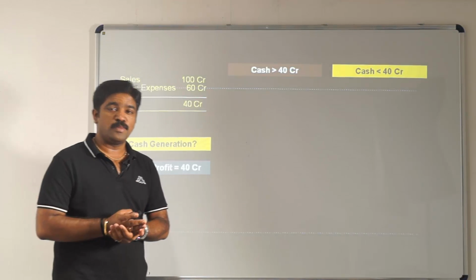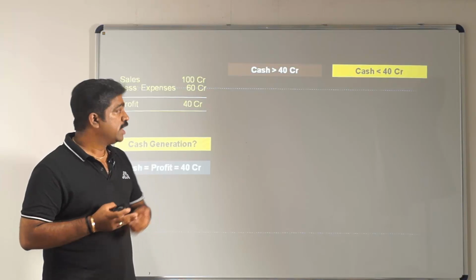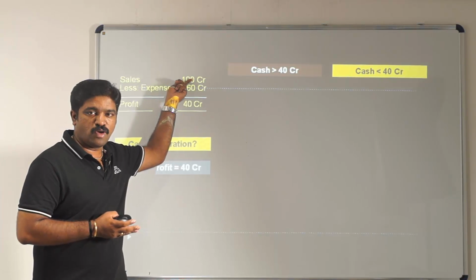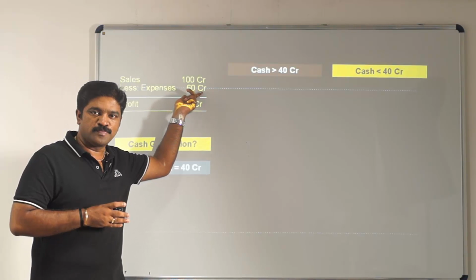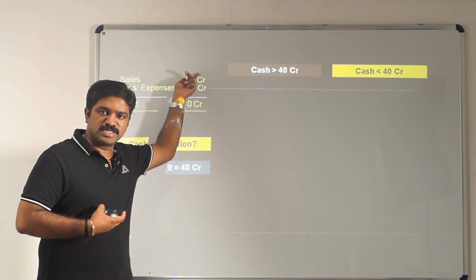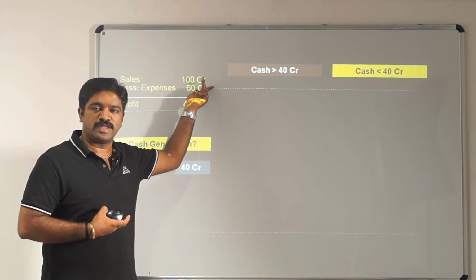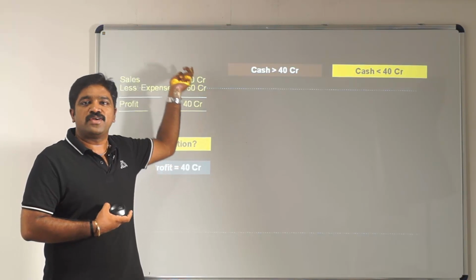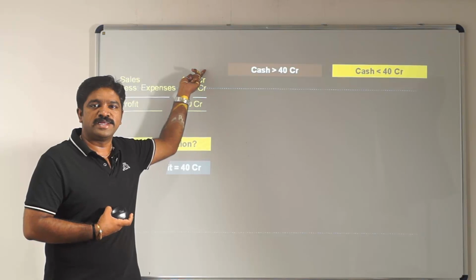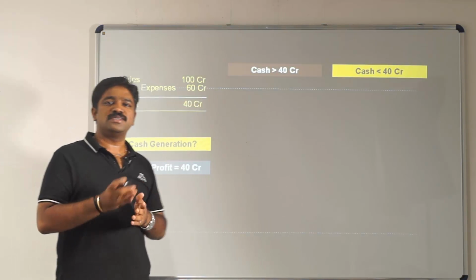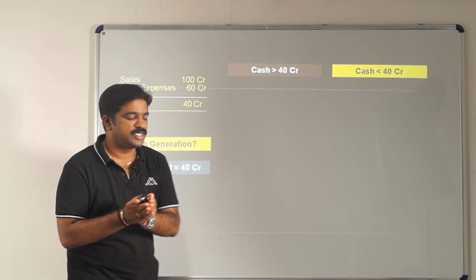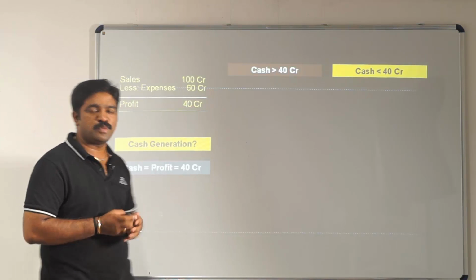But you can come across a situation where you may not realize all your sales, whereas you may pay all your expenses, or you may realize all your sales but not pay all your expenses, or you may realize only part of your sales and pay only part of your expenses. In all these circumstances, your cash generation will not match with profit.